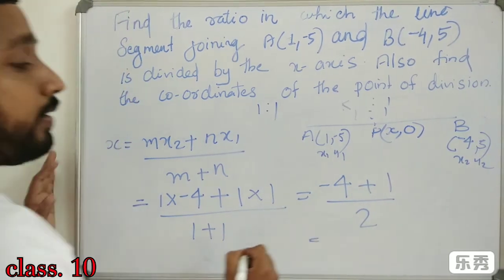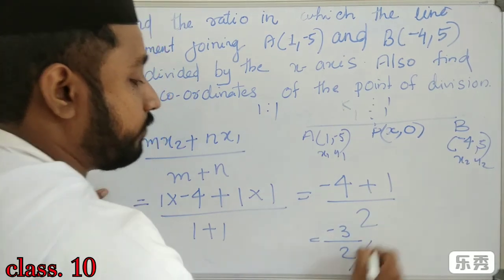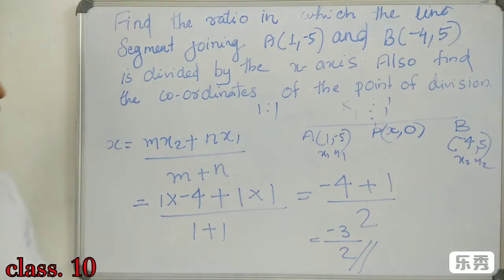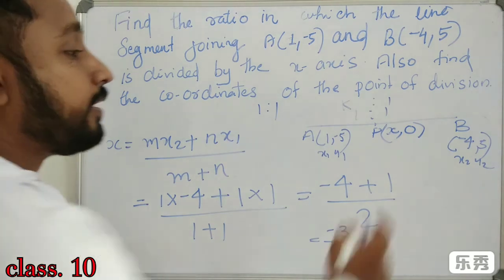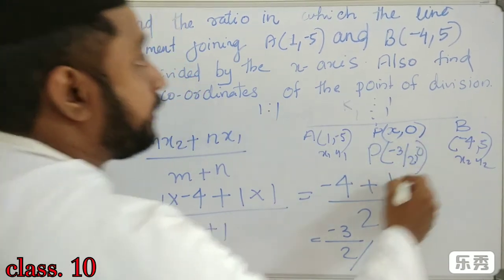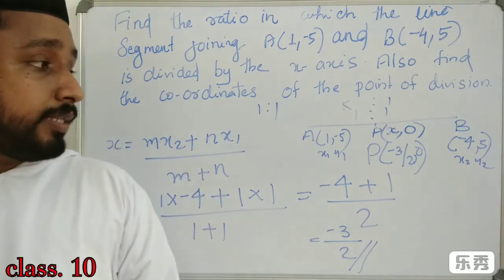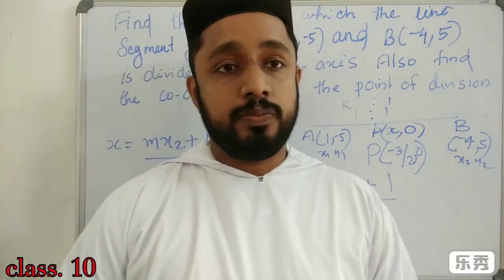So minus 4 plus 1 is minus 3 by 2. So we got x is equal to minus 3 by 2. So the coordinates are P(-3/2, 0). The ratio is 1:1 and the point is (-3/2, 0).